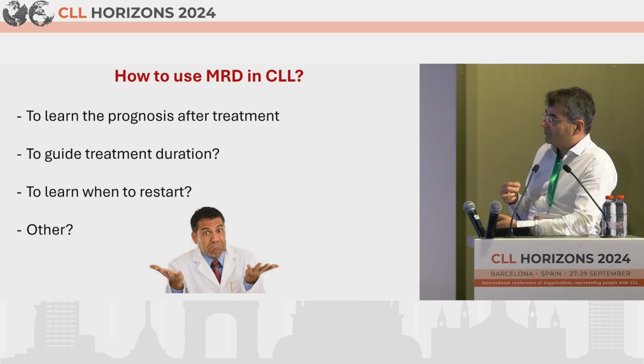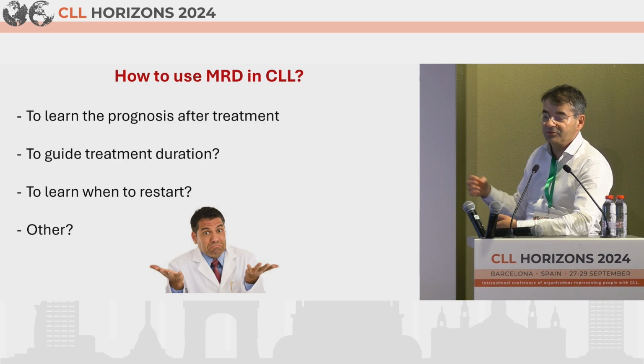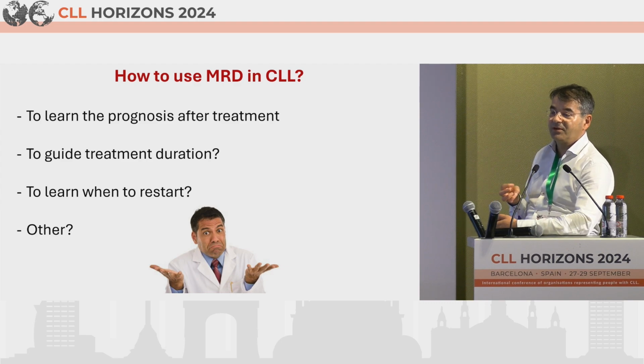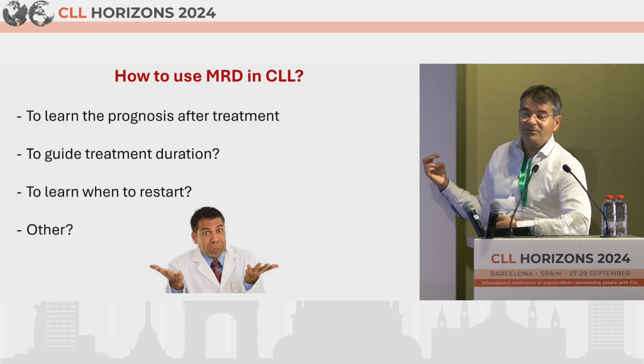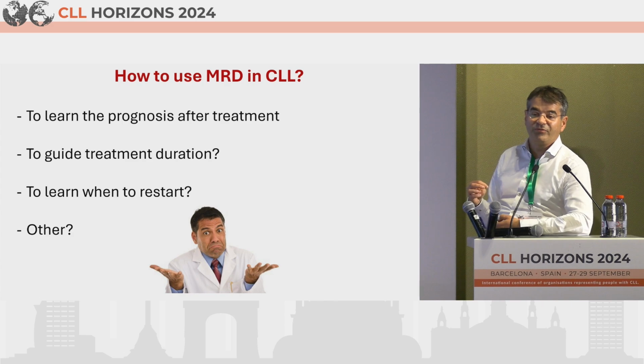I think these are the 4 things that we have heavily discussed these last 2 days. You can use it for the prognosis of a patient: you give a certain drug, like 6 cycles of FCR, or 15 cycles of Ven-I, or 12 cycles of Ven-O, and you stop anyway, and the only thing it helps you or the patient with is that you can tell something about the prognosis.